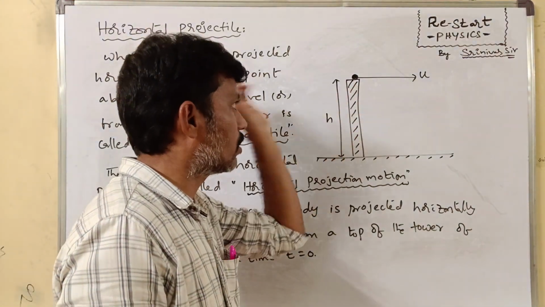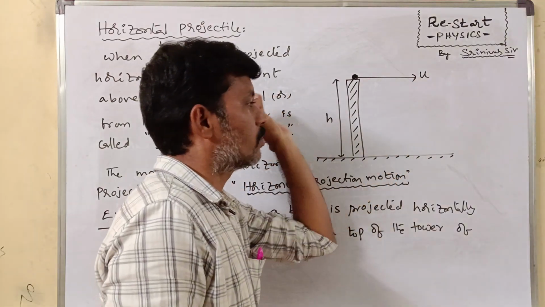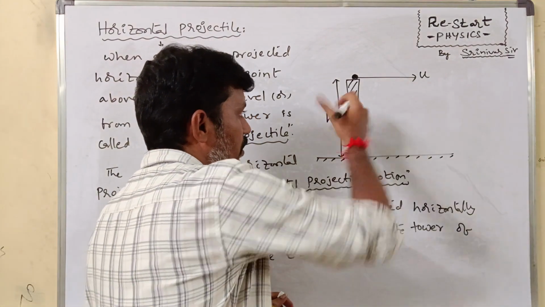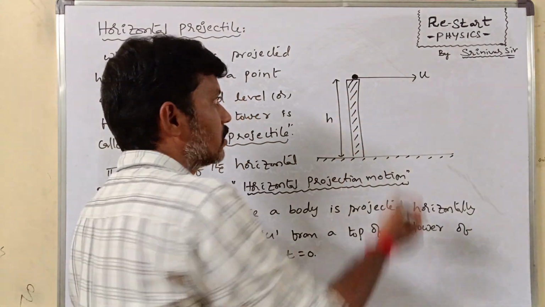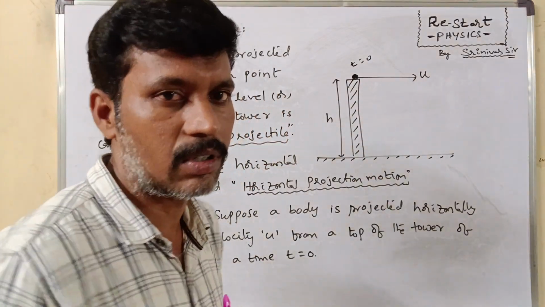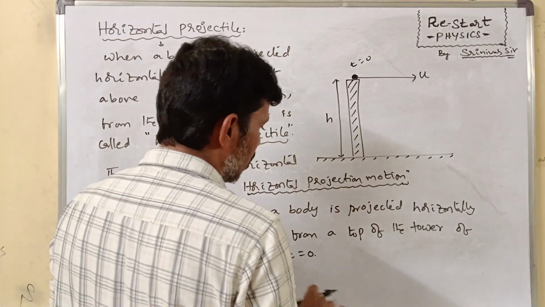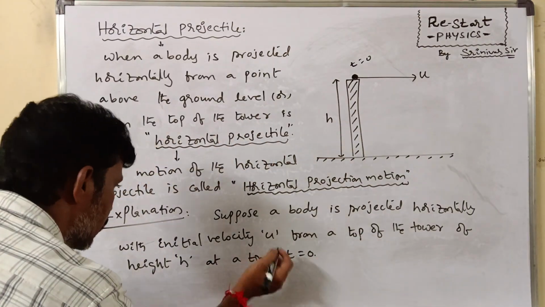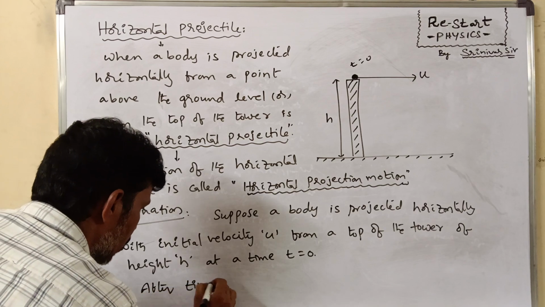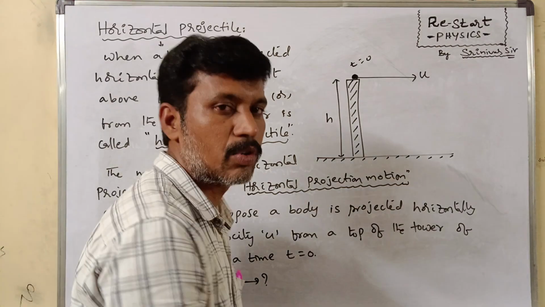That means at the start the body is projected like this from the tower, with initial velocity u. The tower height is h, at time t equal to 0, the initial time. Now let us discuss what happens after time t, what is the motion of the body.